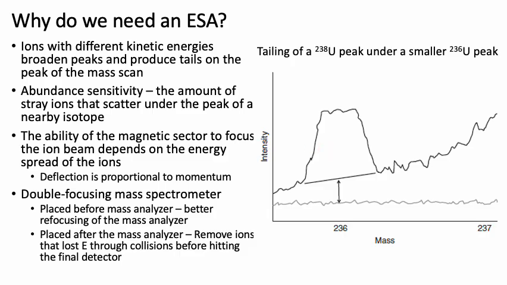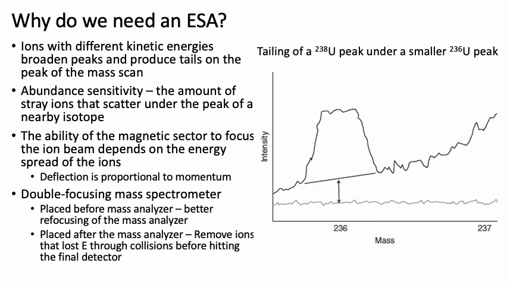If we put an electrostatic analyzer before the magnetic sector, the ability of the magnetic sector to focus the ion beam is going to depend on how well the electrostatic analyzer is able to decrease the energy spread of the ions coming into it. The deflection within the magnetic sector, as we'll see in a bit, is where we actually do the mass separation. It's proportional to the momentum. So we want all of the ions, once they reach our mass analyzer, to have the same momentum as much as possible.